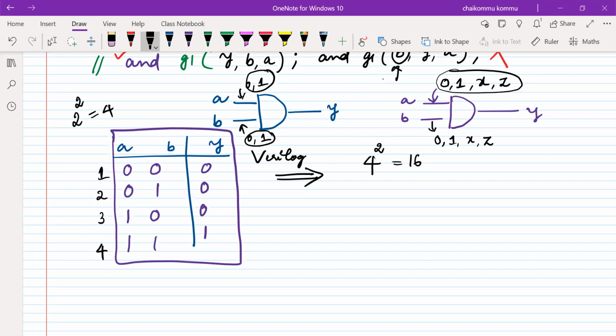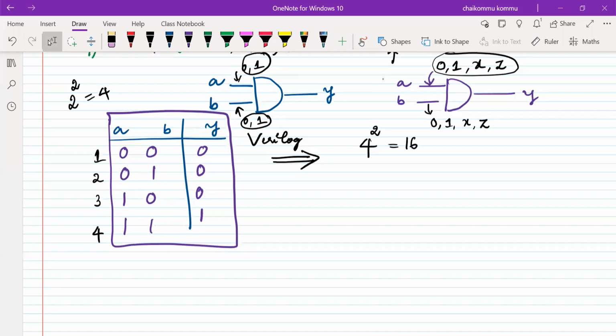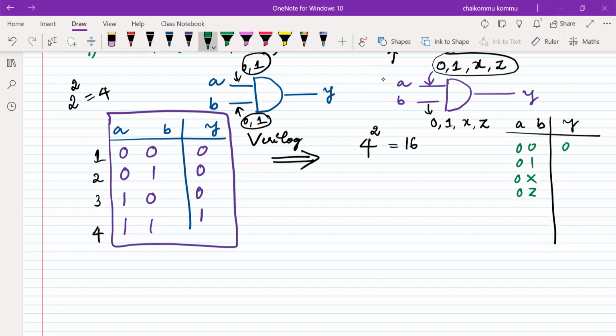Whenever we are writing the possible combinations, people will try to write in this way: A, B, and Y we can write here. So how do we write this? 0 0, 0 1, 0 X, 0 Z. We need to write something like this.